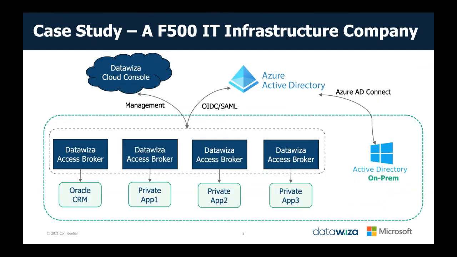And here we would like to show you a case study. This is a Fortune 500 IT infrastructure company. They have about 15,000 employees, and previously they were using multiple identity providers.